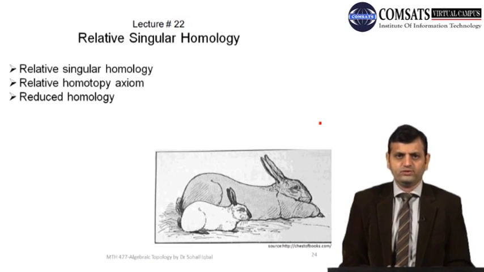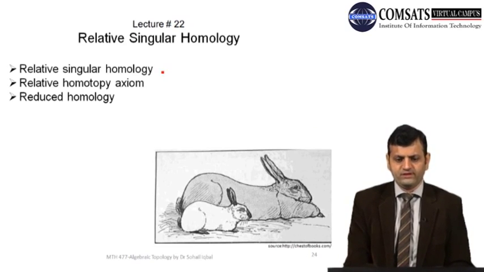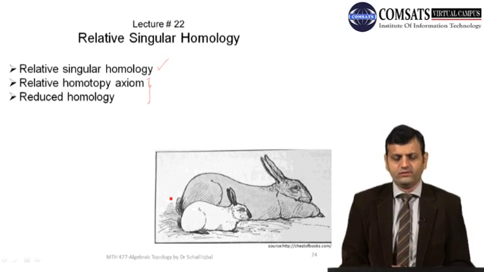Of course the answer is no, and that's what this whole course is about. So we have been discussing tools which will help us to calculate the homology. For example, relative singular homology, which we also discussed in the simplicial homology case as relative simplicial homology. This is one of the important tools. And then we discussed the relative homotopy axiom and reduced homology for singular homology.